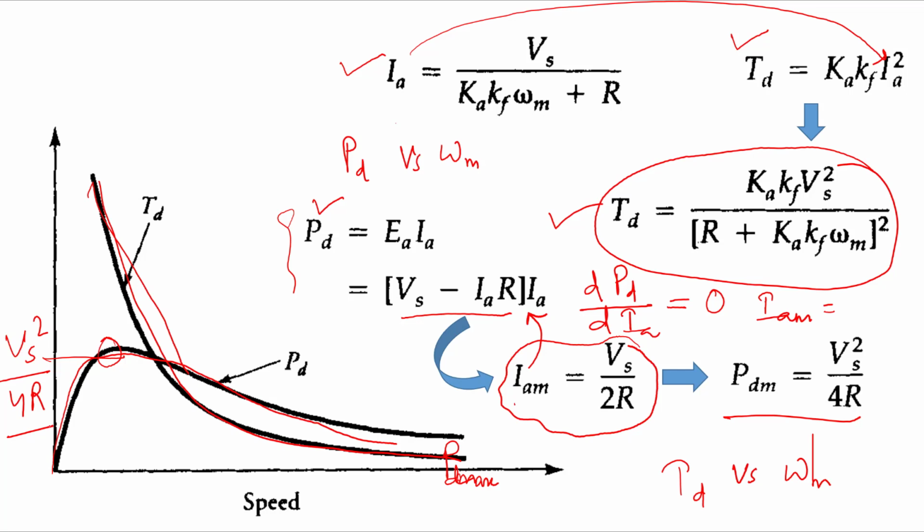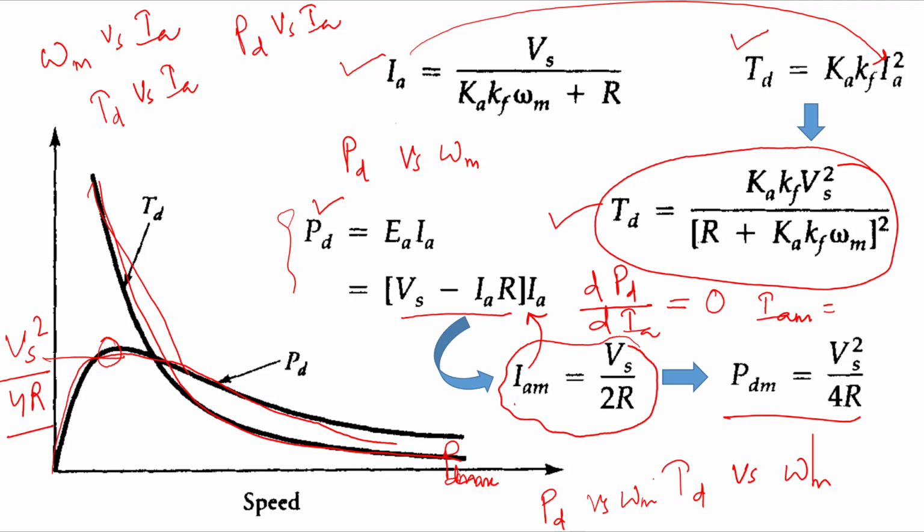We studied the characteristic of omega m versus Ia in the earlier slide, and TD versus Ia, and PD versus Ia. And here in this characteristic, it is torque versus speed, and PD versus speed. So these are the characteristics of the series motor.